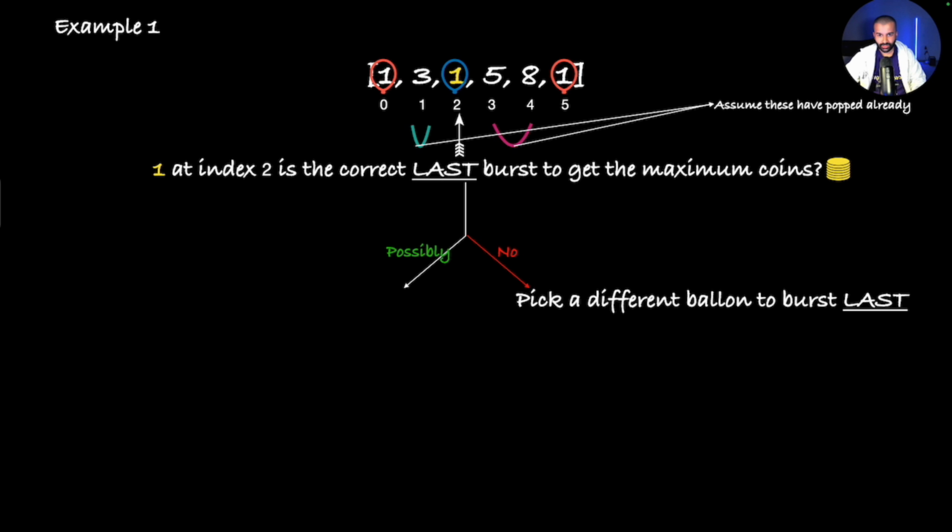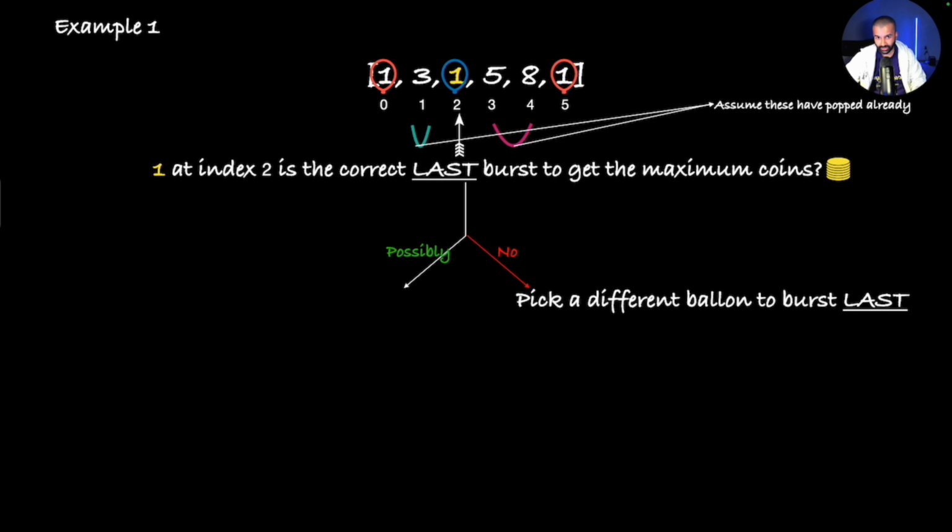All the balloons up until this point have already been popped. Any balloon to the left of 1 does not care about the values of the balloons that have been popped to the right of 1. And likewise, any balloons that have been popped to the right of 1 do not care about any of the values of the balloons that have been popped to the left of 1.